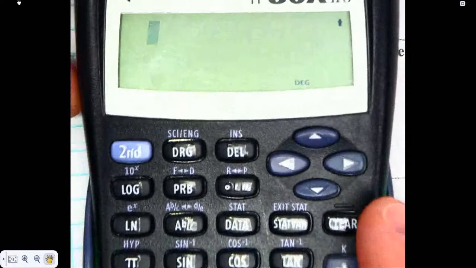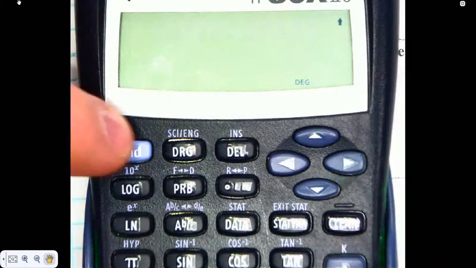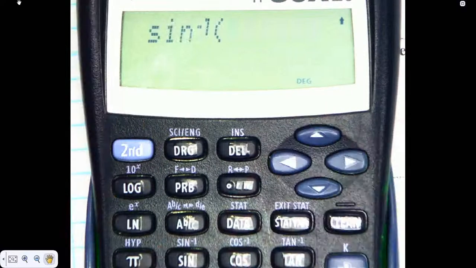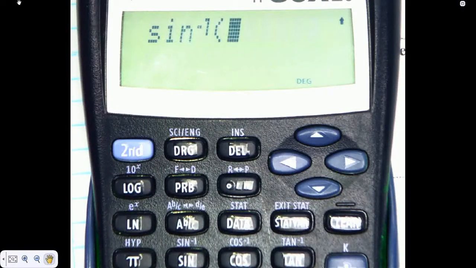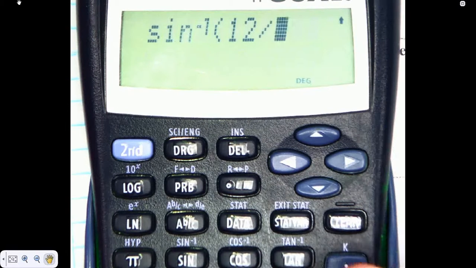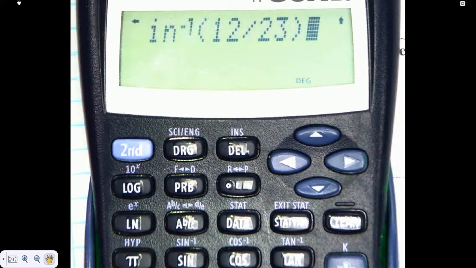Okay. So what I'm going to do is press inverse sine. See how it came up just like that? What should be inside my parentheses? Tell me what to put in there. 12 divided by what? Now you probably should get something that looks like an angle here, shouldn't you? Like degrees.